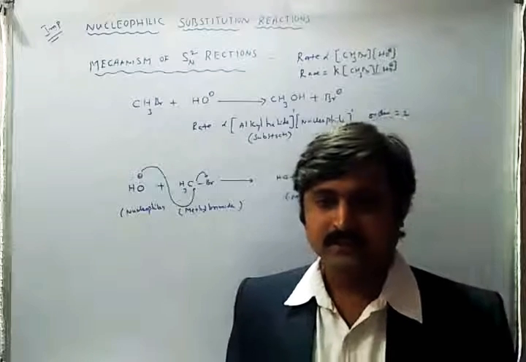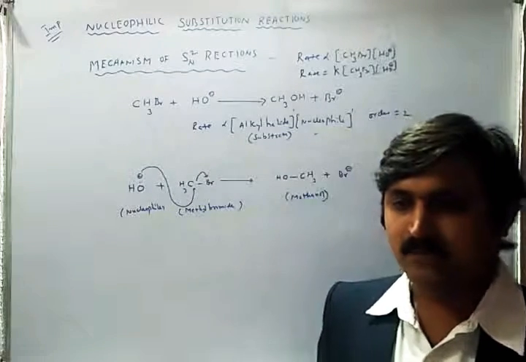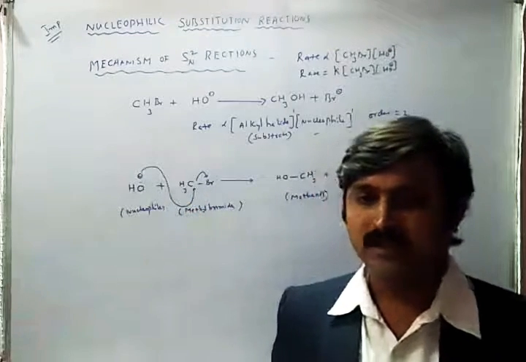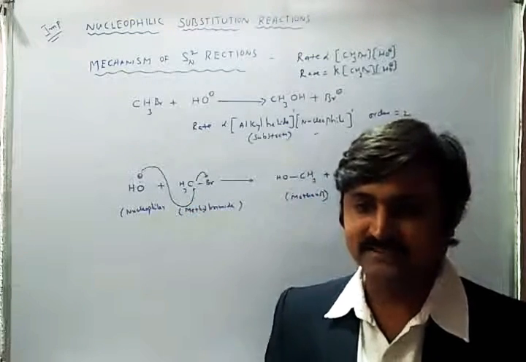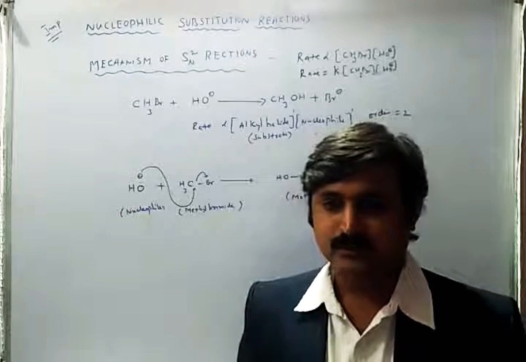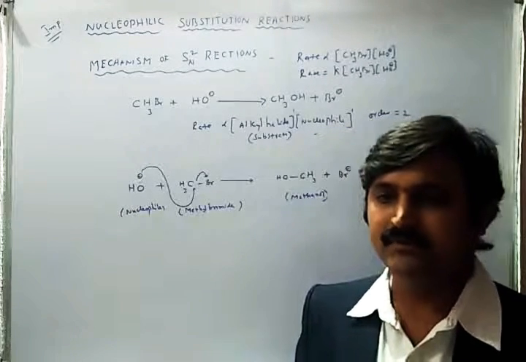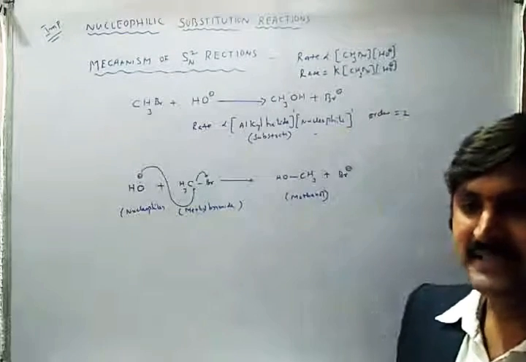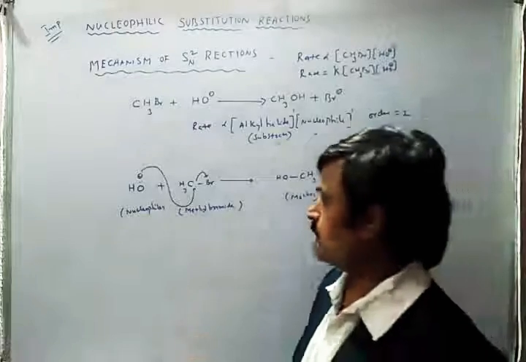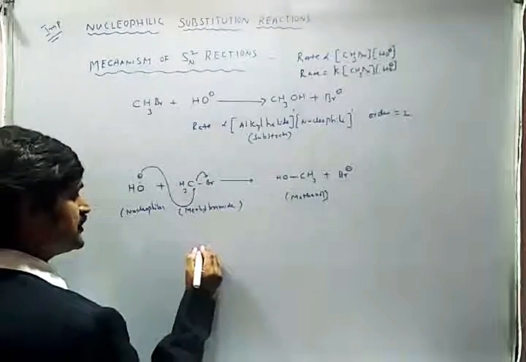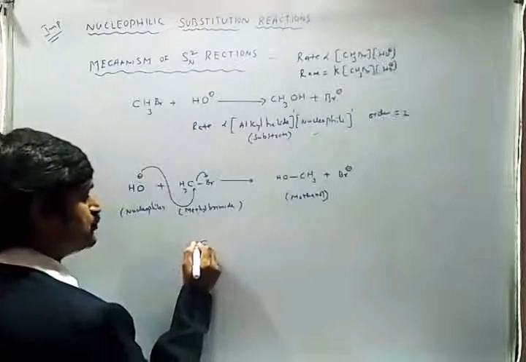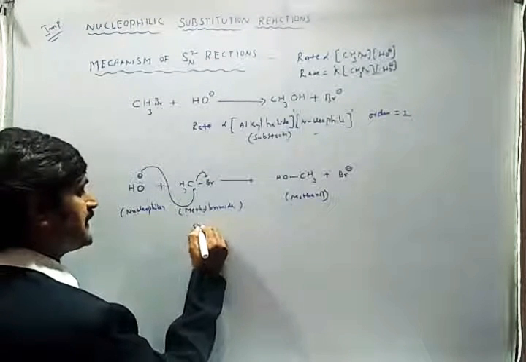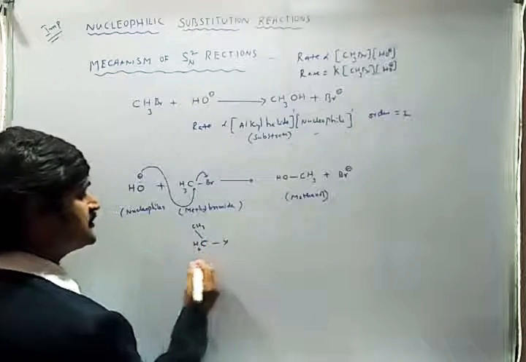That means the side opposite to the carbon attached to the halogen gets crowded. A bulky substituent attached to this carbon makes it harder for the nucleophile to attack the backside, and therefore it will decrease the rate of reaction. For example, if I write CH2 with one methyl group here, and here one halogen is there.